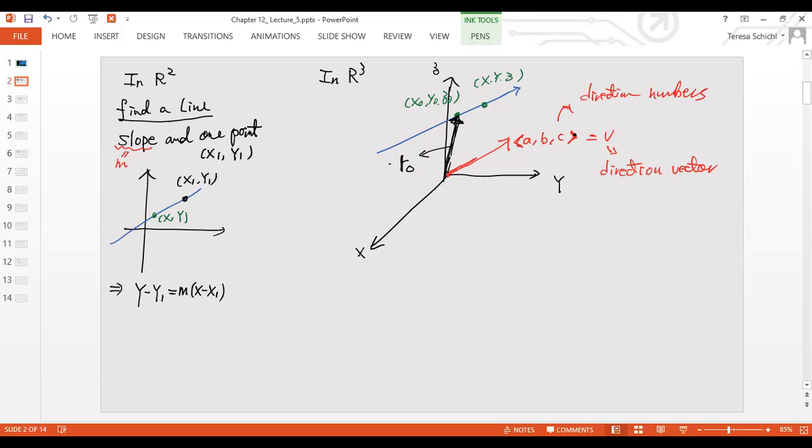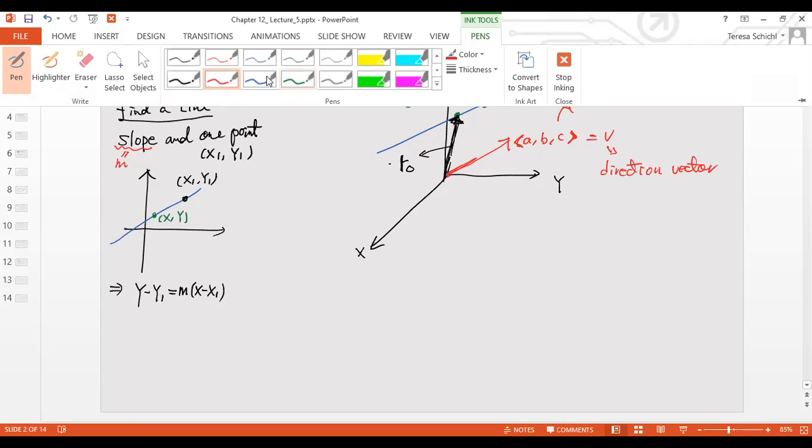And now this is a V vector. Because V is parallel to the line, I know that for any point here, you can always, let me see, how do I do this by color?